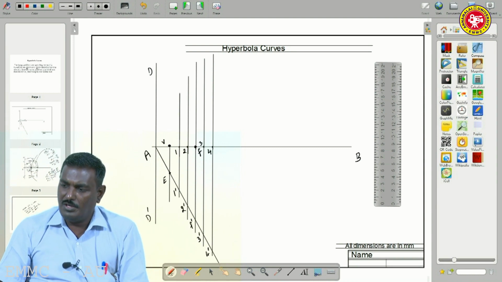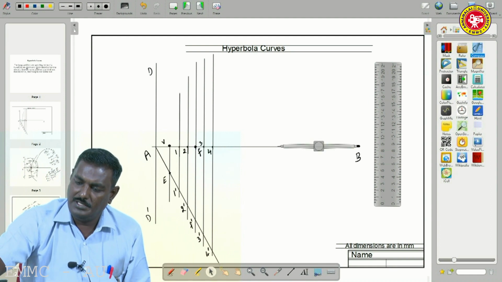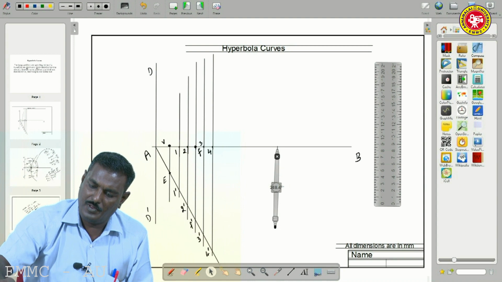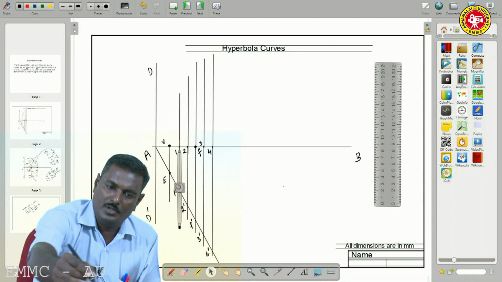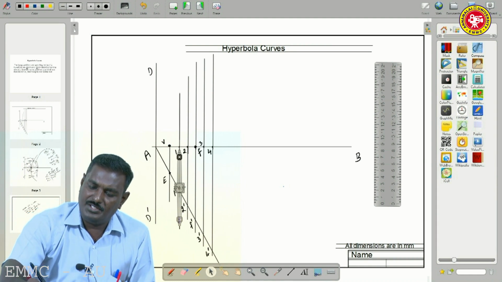Then we have to take the compass and measure the distance. Measure the distance from 1, 1 dash as radius.